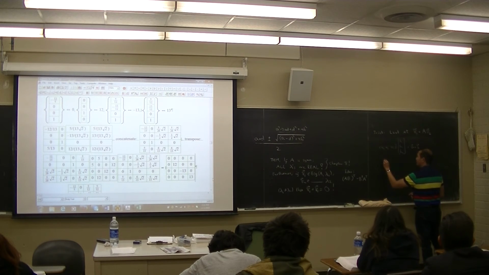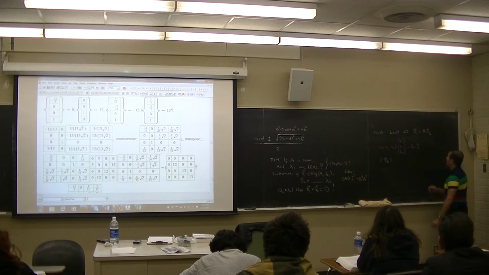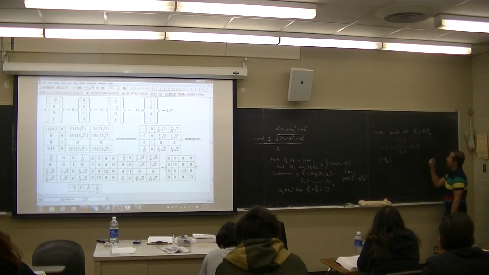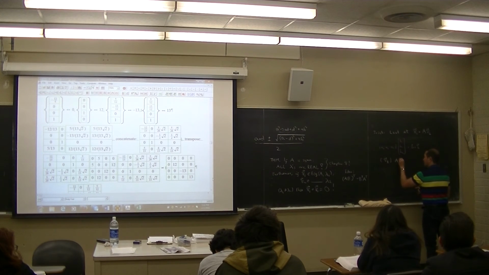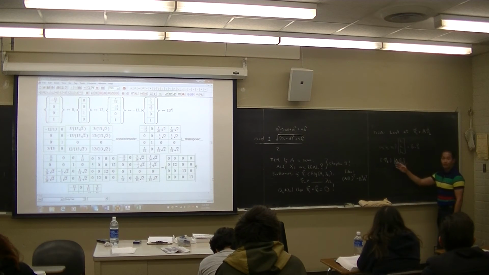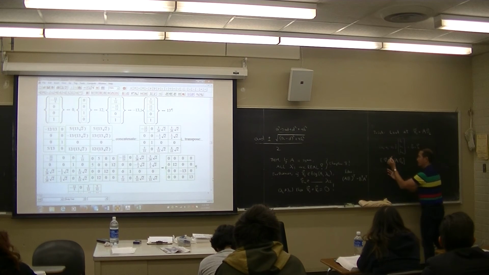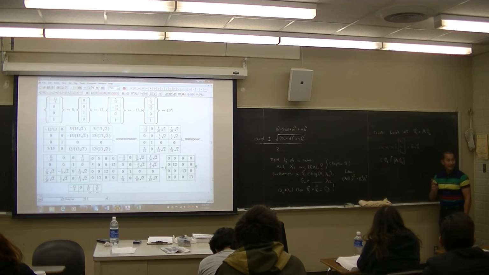Let's think in terms of columns. So v2 is a column. If you multiply A by v2, it will still be a column. That will be a column. But if you want to multiply it by a row, v1 will have to turn into v1 transpose.